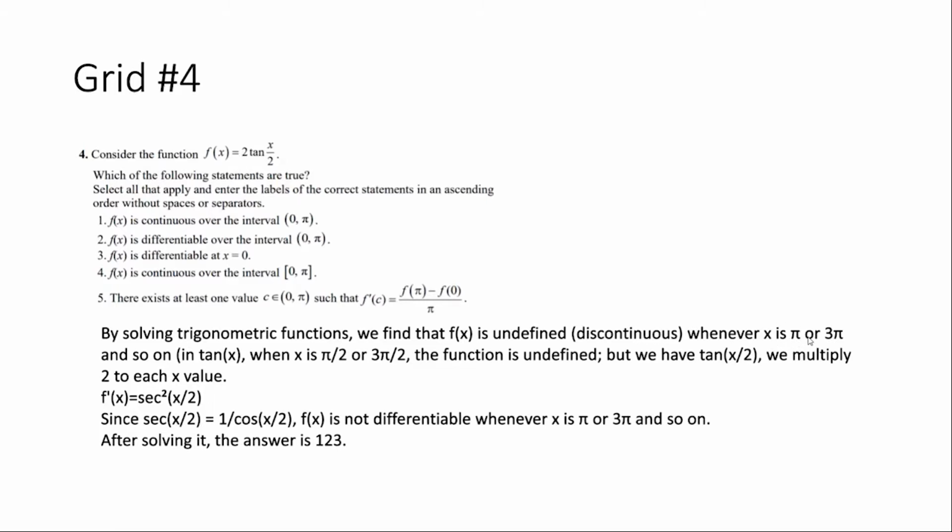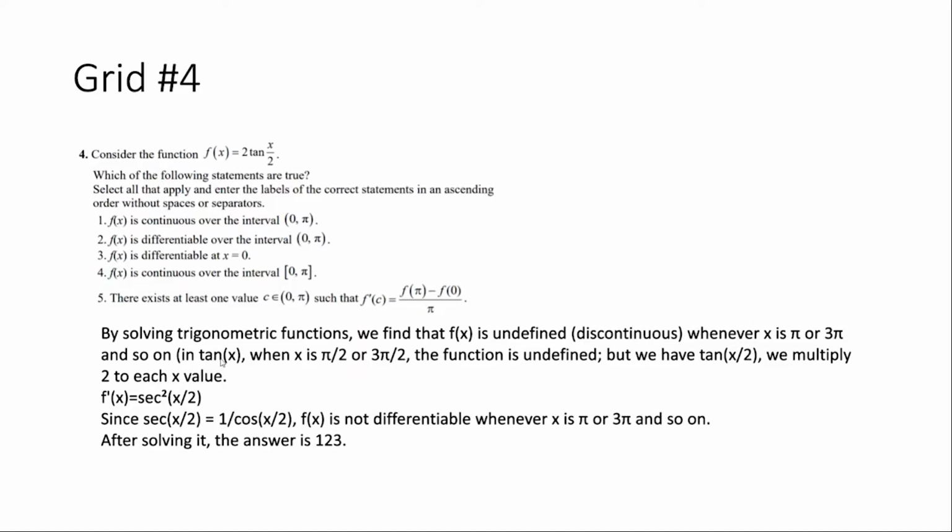If I substitute pi first, you get undefined. So it takes trial and error, but you can also know it by understanding the tan x equation. We have tan x, and it's undefined for pi when the values are substituted. If you get undefined, it means it's not continuous.